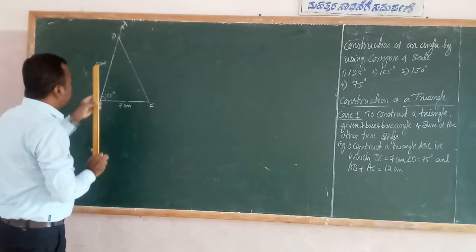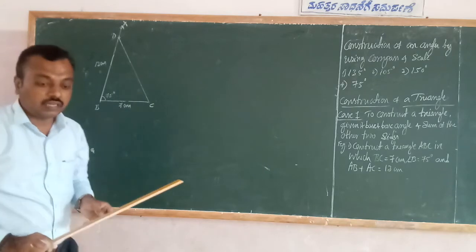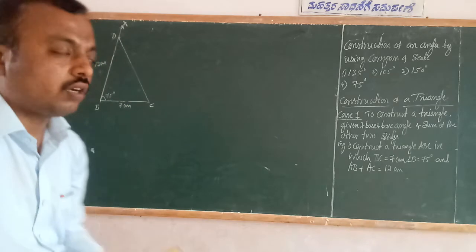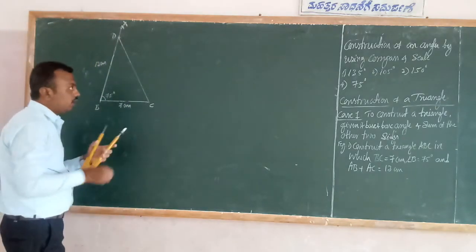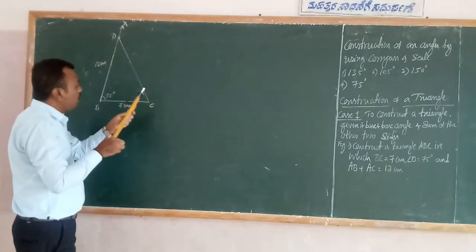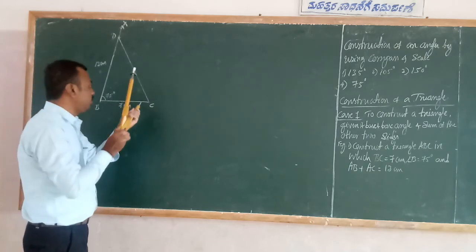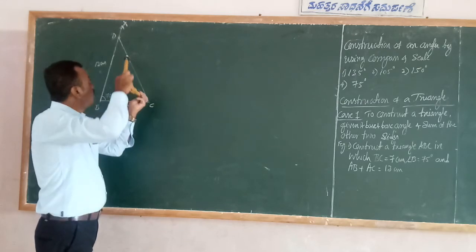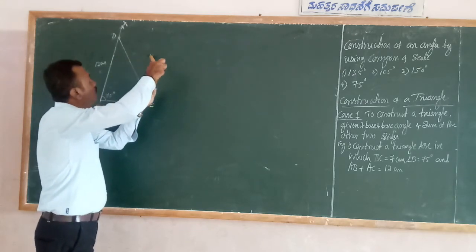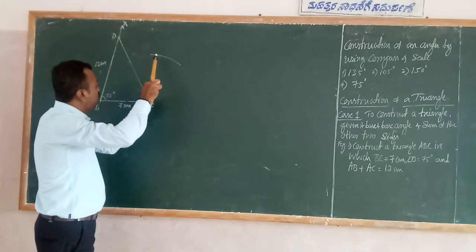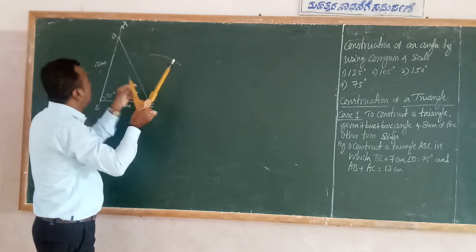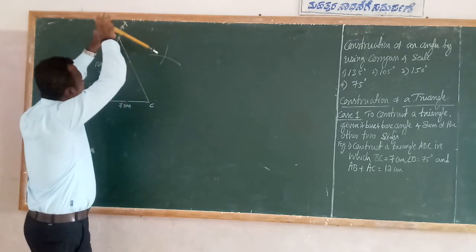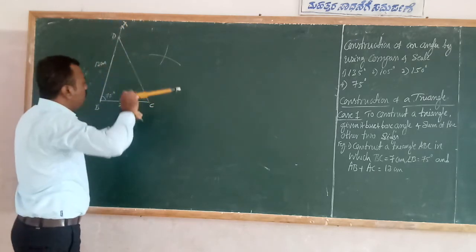So next, students, this DC line segment is there, no? That side we have to bisect it. We know already how to bisect the line segment. We have learned in the previous classes. For this line segment you have to take more than half the line segment in the compass. Yes, more than half, not too much. See, keep on the point D and cut one arc, and keep on the point C and cut another arc.